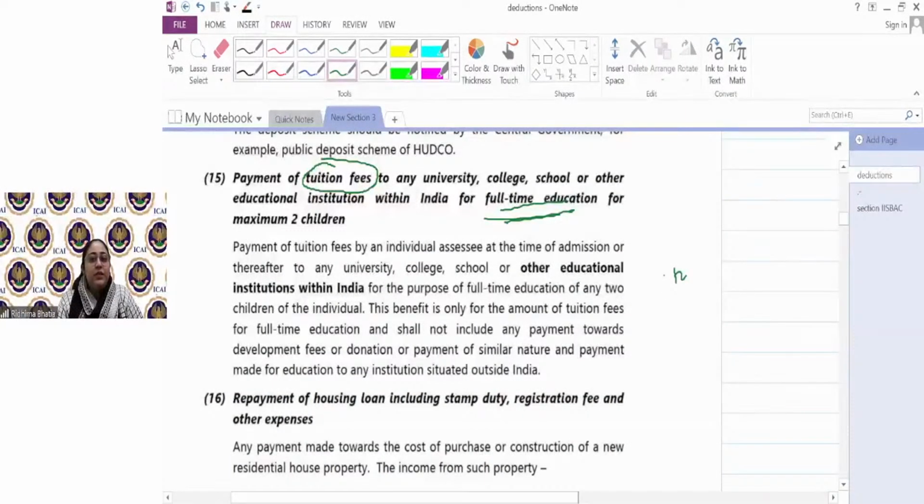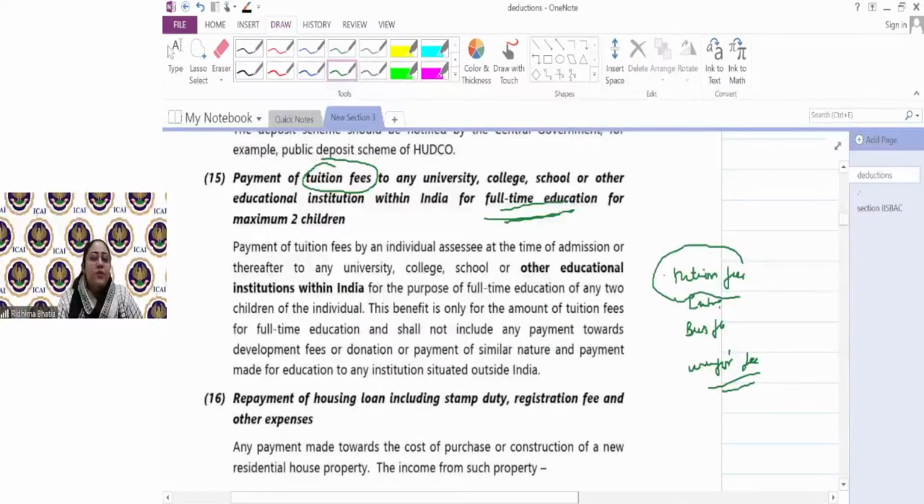One element is obviously the main element, which is tuition fee, which is paid for the main purpose of education. Then there would be extracurricular fee, bus fee, uniform fee, etc., and this is the entire fee which you pay to the school.